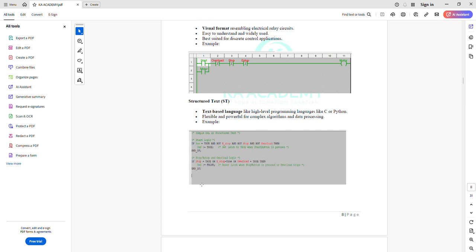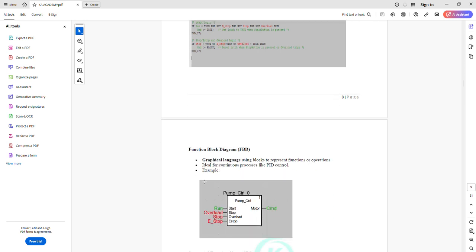But today I wanted us to go through the function block diagram.